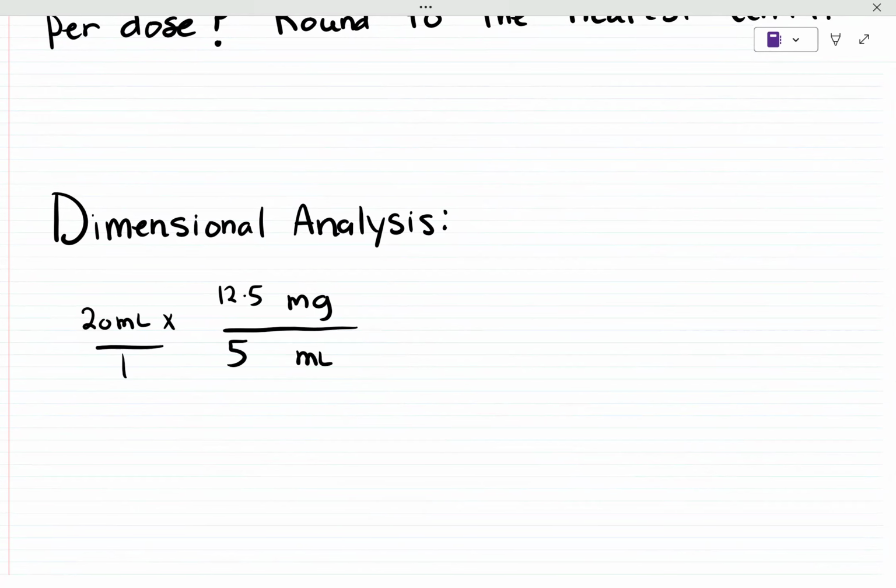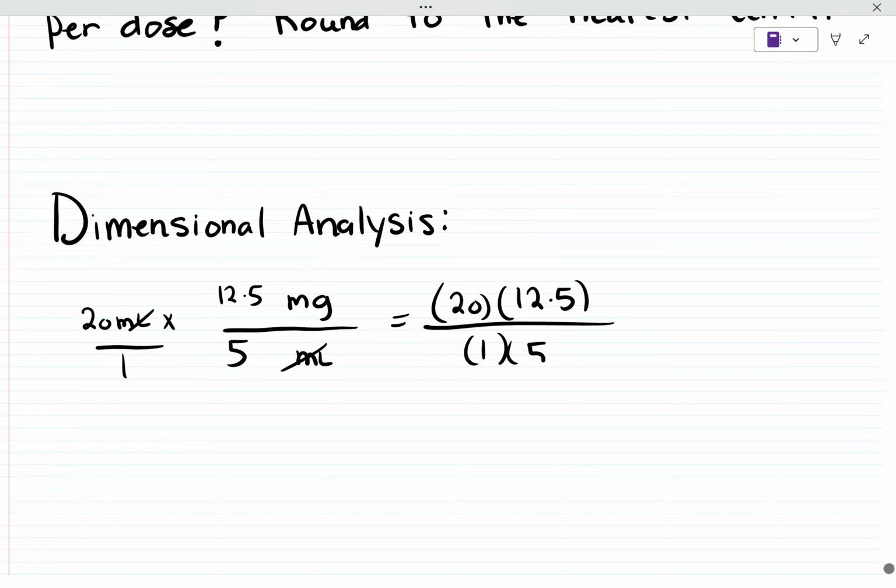The mL disappears. 20 times 12.5 over 1 times 5 is 250 over 5, which is 50 mg.